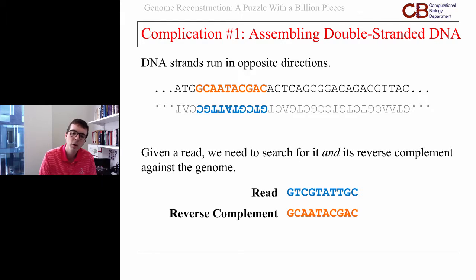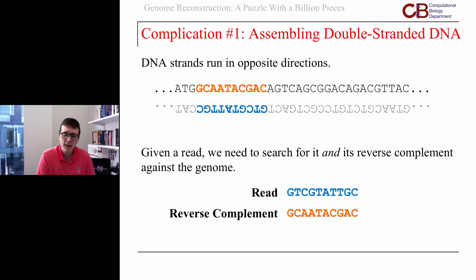So we need to take both pieces of information, both the read and whatever that read would be on the opposite strand, into account if we're trying to construct one strand, which essentially is going to double the amount of data that we have and mean that half of that data is going to be one strand and the other half is going to correspond to the other strand. And we've got to figure out kind of how to divide this data into two pieces. And that makes things really complicated because we don't necessarily know which strand they came from in advance. We're not going to be able to get this information.